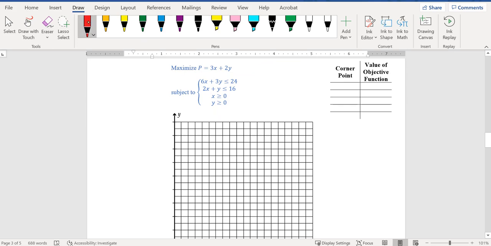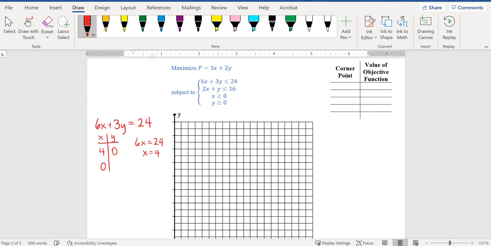Okay, first inequality, 6x plus 3y, I'm going to say equals 24 because I'm going to graph the corresponding equation. And I'm going to do that by finding my intercepts. If y is 0, I get 6x equals 24, so x would be 4.